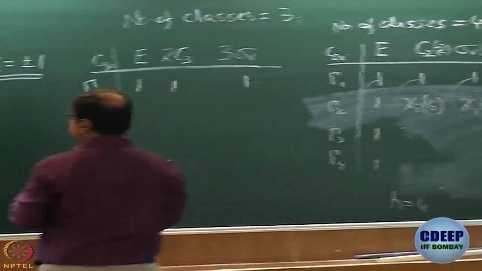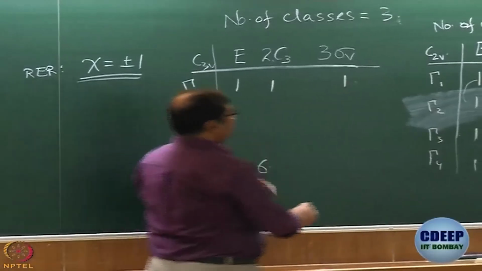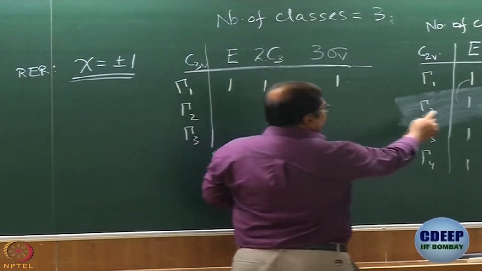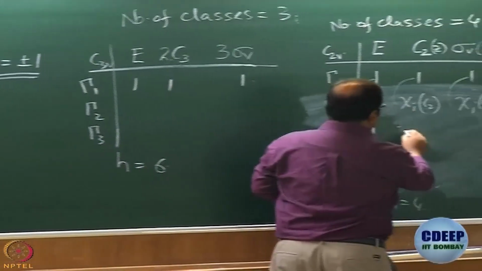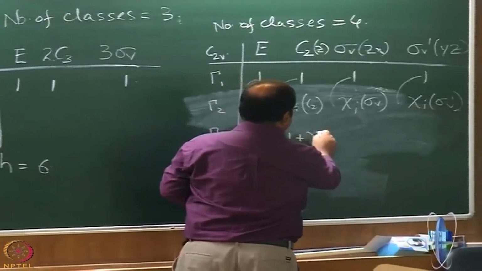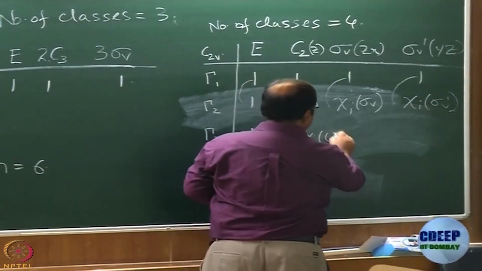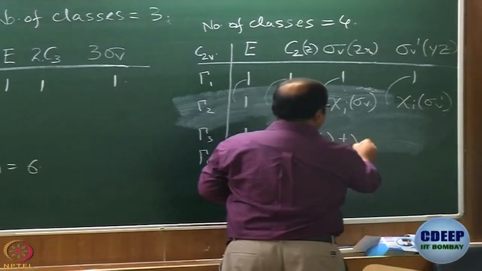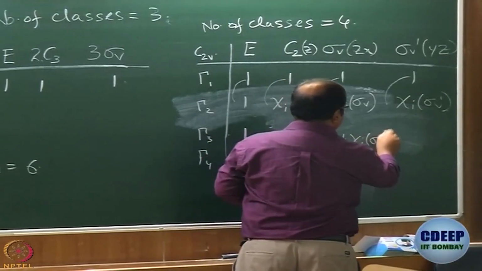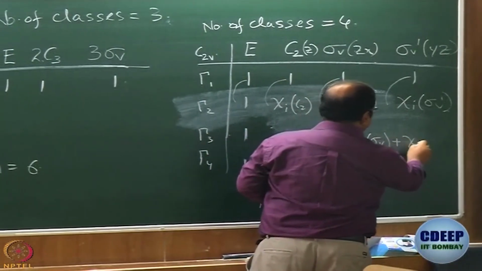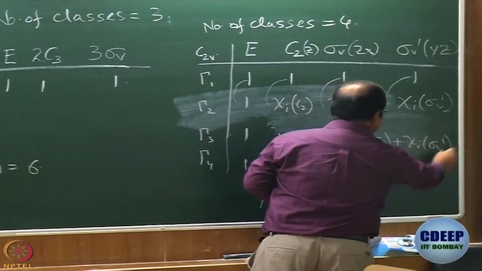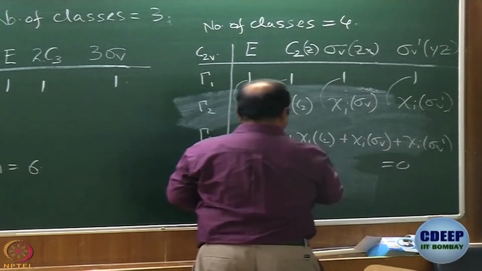Let me write it here. So, I get 1 plus chi i C2 plus chi i sigma V plus chi i sigma V dash is equal to 0.